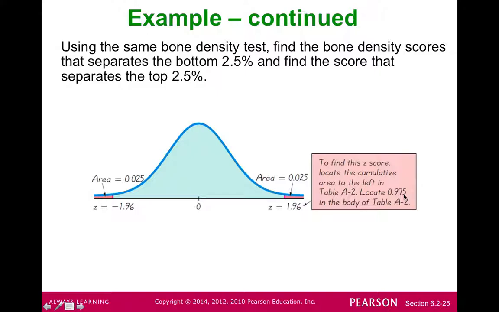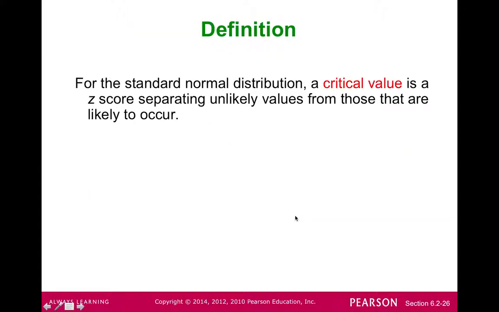And when we look up 0.975 in the center of our table as our area or our probability, we would find that that would correspond to a z of 1.96. So either way, you'll get the same answer. But just know that as long as it's symmetric, you can just change the sign.